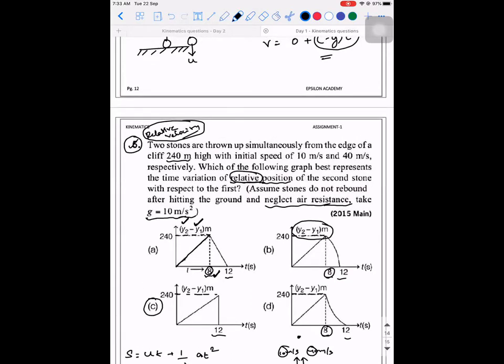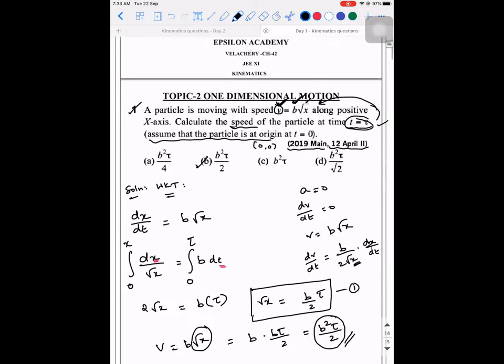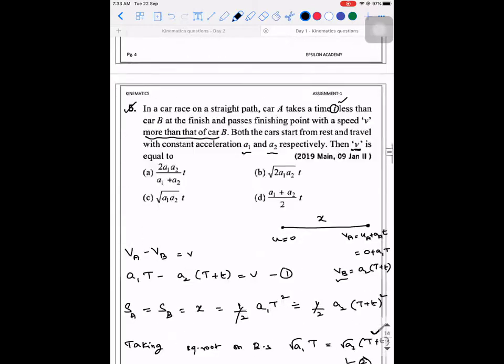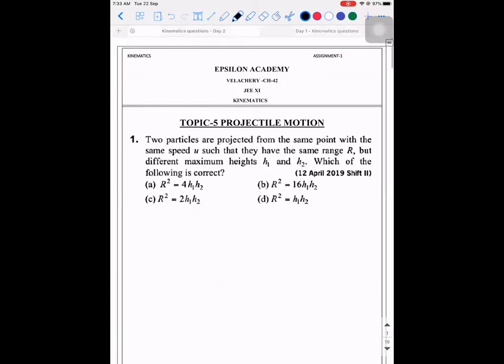So this is all about one dimension and graph based questions. Next, we are going to discuss projectile motion for today. Once we discuss projectile motion, in the next class we will start relative velocity for one dimension and two dimensions. With that, motion in a straight line and plane will be over.